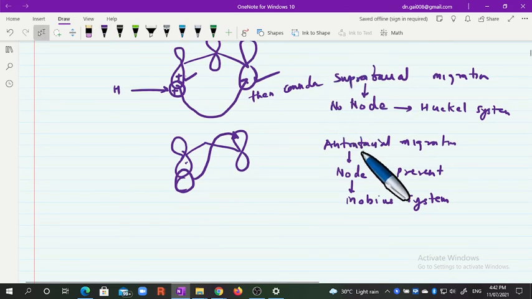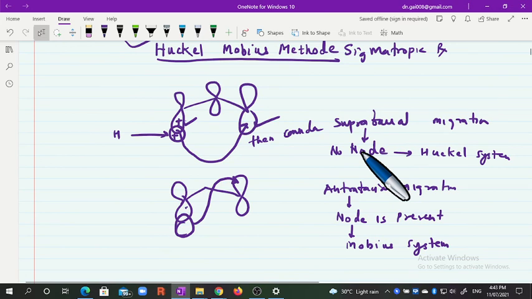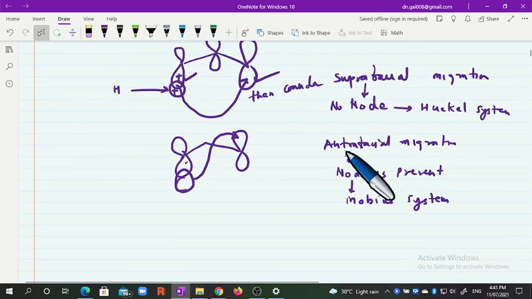From this discussion, we cannot say whether the reaction is photochemically allowed or thermally allowed. It just gives the idea that if suprafacial, it has no node and it is considered a Huckel system, and if it is antarafacial migration, a node is present and it is a Mobius system.